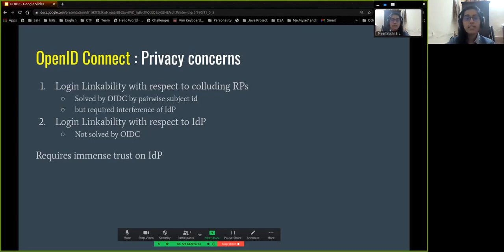The second problem is login linkability with respect to identity providers. See here, we depend too much on the identity provider. If it's Google, we just depend on Google or Facebook to handle all our data. So Google or Facebook would know to which site you are logging in, the frequency of your logging in, and they can use this data for not so good purposes.